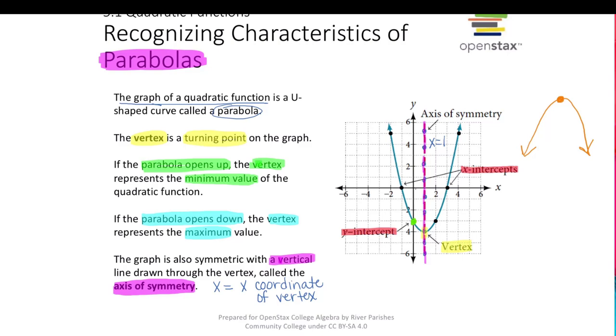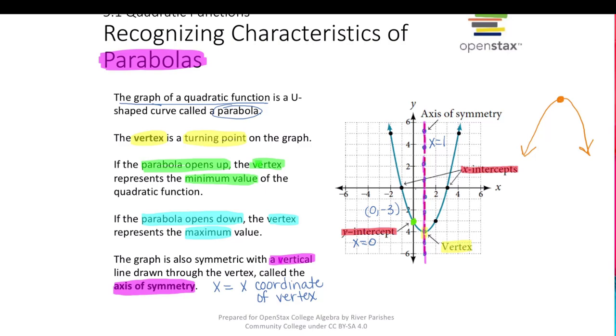And so it crosses the y-axis here at (0, -3). This is where x equals 0. So x equals 0, that's where you're going to find the y-intercept. You look at the point, it's (0, -3), the x-coordinate is in fact 0.